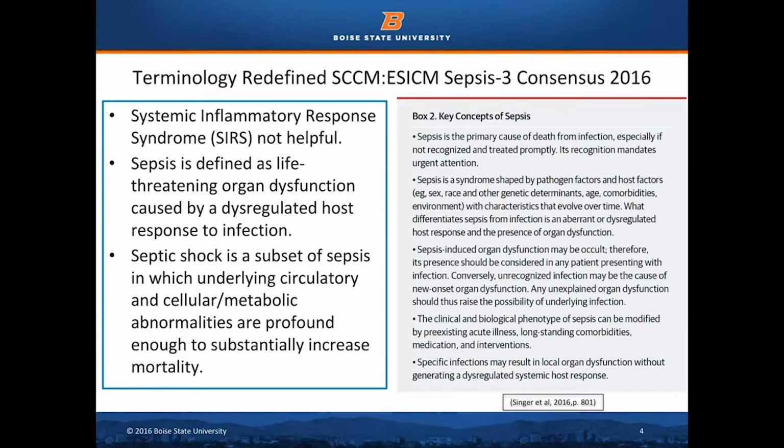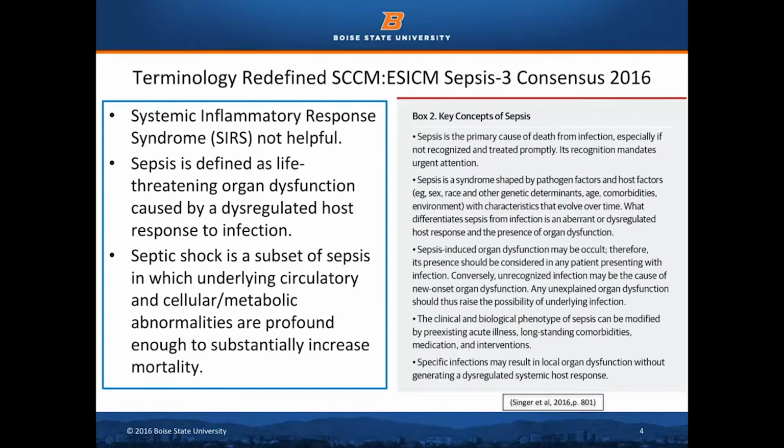One of the important things we have to do in research for things like septic shock is to be able to define it so that when we're doing a study, we're comparing apples to apples and not apples to oranges. And so that's the whole reason why the SCCM and ESICM came together to put together a functional definition of septic shock that can help researchers compare and combine for multi-center trials.